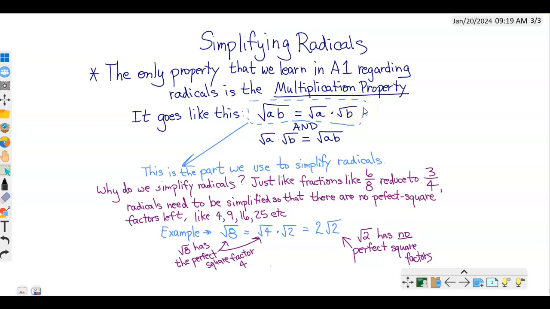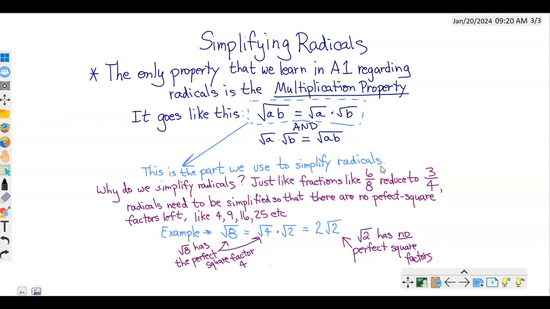Okay? Likewise, the multiplication property of square roots says that if I have two radicals, I can multiply them together and put the entire new number underneath one radical sign. However, this section up here, outlined by the light blue box, this is the part we use to simplify radicals.